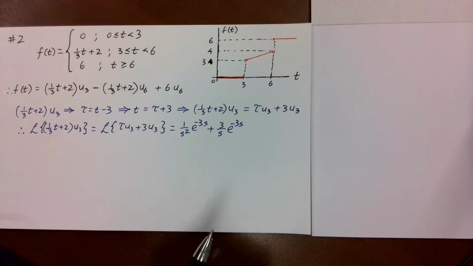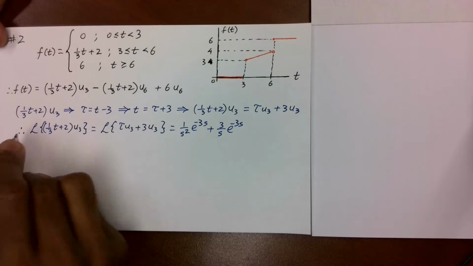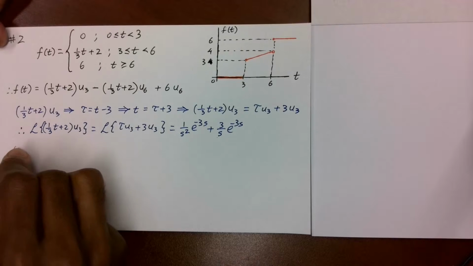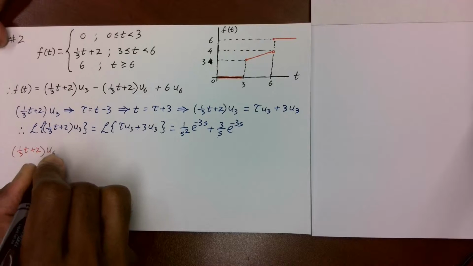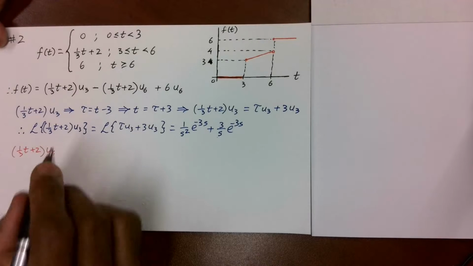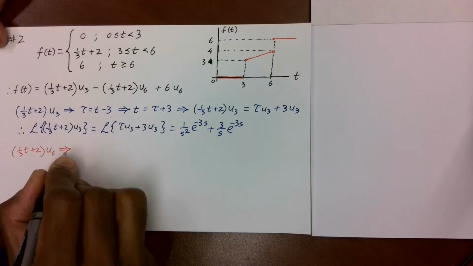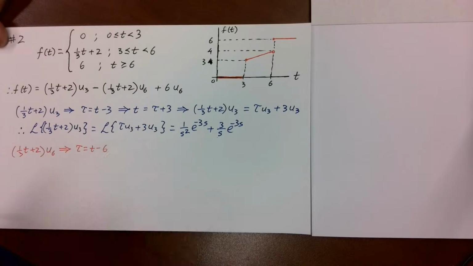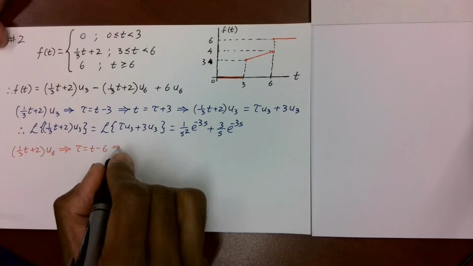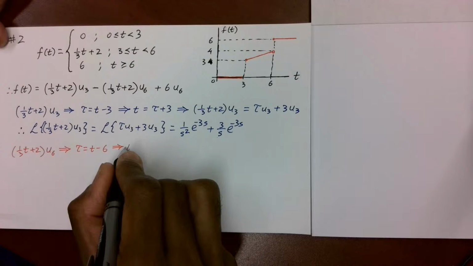In the same way, let's look at the Laplace transform of (1/3 t + 2) u6. In this case, because we have u6, tau is going to be t minus 6, which implies that t will be tau plus 6.